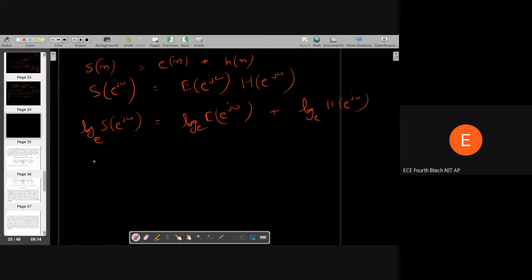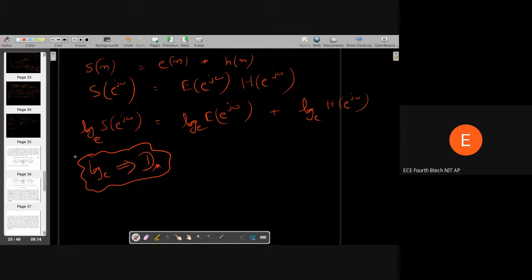In homomorphic analysis, we need an operator which can convert the convolution into a summation, so the log becomes that homomorphic operator in the case of our speech, if you go to the frequency domain.